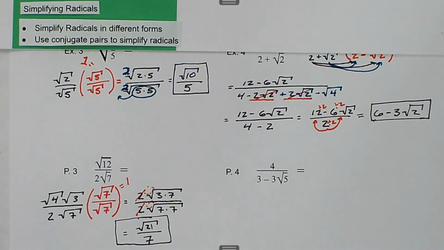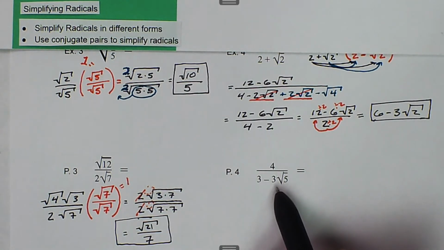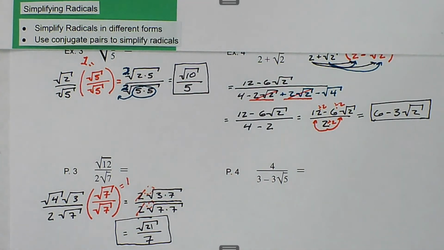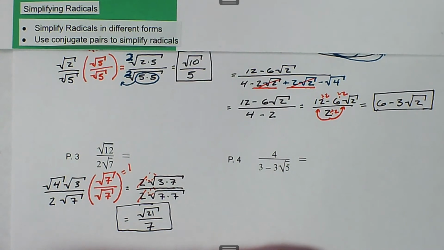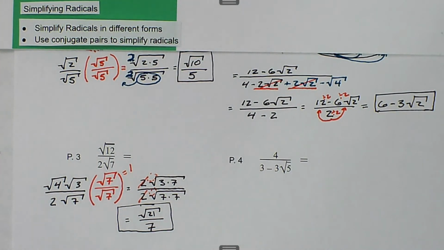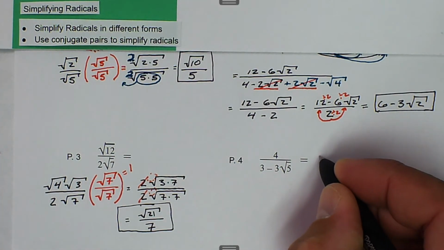Then we have another example where we have the radical in the denominator along with an operation of subtraction. So in order to solve this one, we have to use our conjugate pairs again. So in order to set this up, I'll just write down the original.